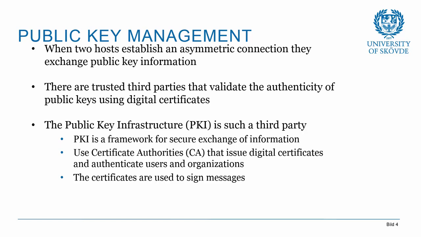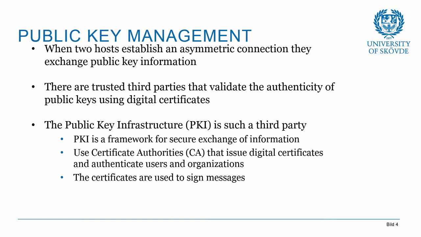This, of course, introduces the issue that two parties that want to establish an asymmetric connection must exchange this public key information. How can we do this in a way that ensures that the public keys that we receive are actually from the parties that we want? To overcome this issue, we have trusted third parties that are there to validate the authenticity of public keys using digital certificates.